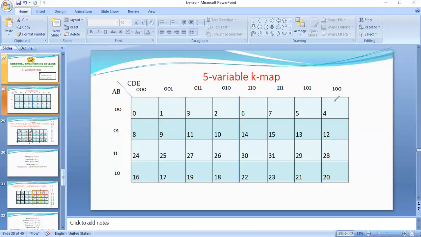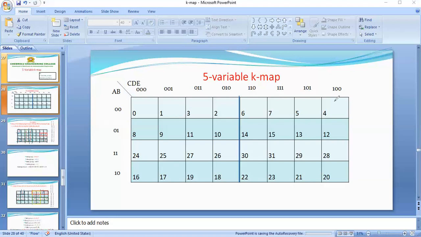So the maximum number of adjacencies for cell 0 is 5. You may take any cell, and for each cell the maximum number of adjacencies is equal to 5.